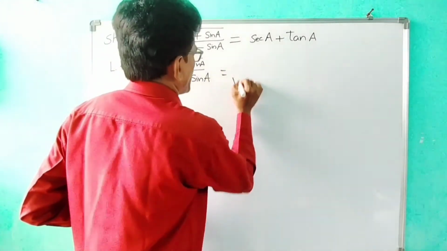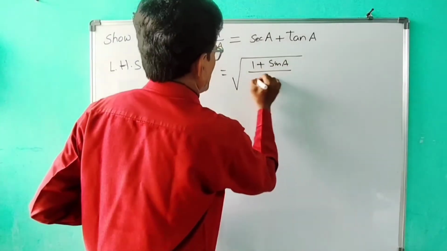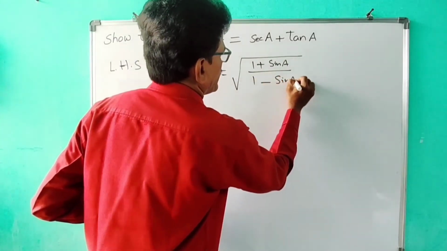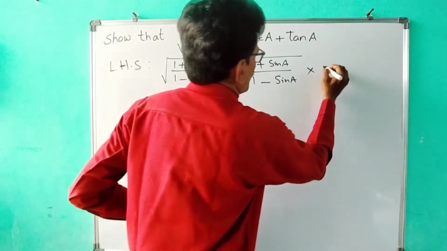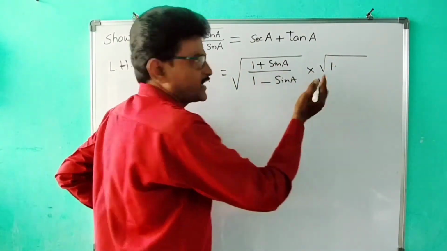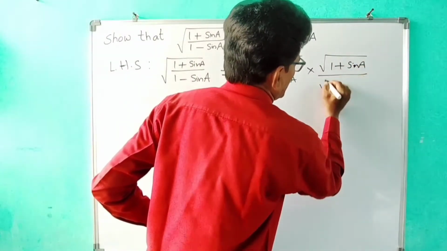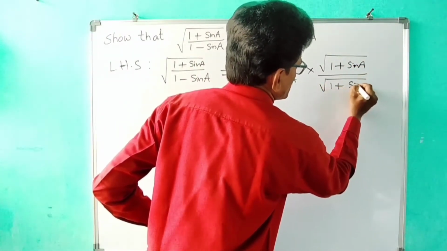I am writing root of 1 plus sin a over root of 1 minus sin a. The conjugate of the denominator is 1 plus sin a, so I am multiplying both numerator and denominator by root of 1 plus sin a.